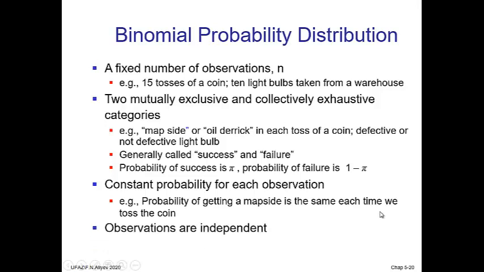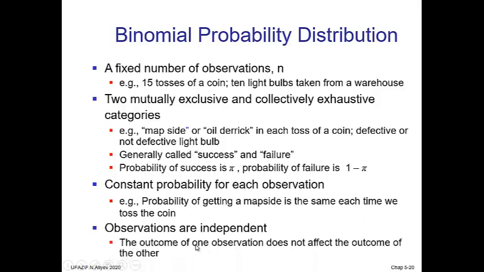And the final thing is that observations are independent. The outcome of one observation does not affect the outcome of another. You can understand from the coin example. If you toss the first coin and then the second coin, how can the first coin affect the probability of the second coin?